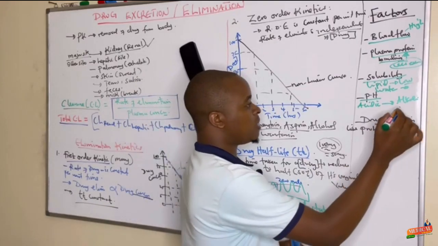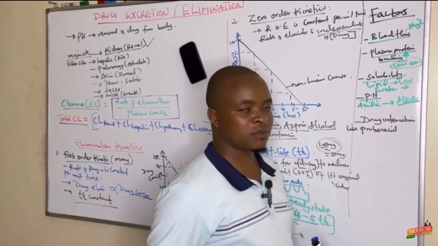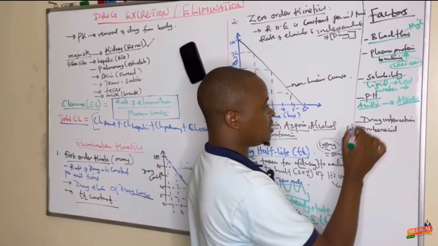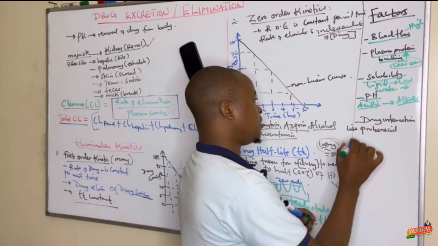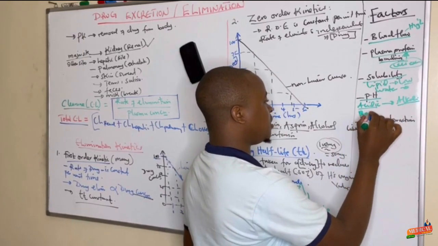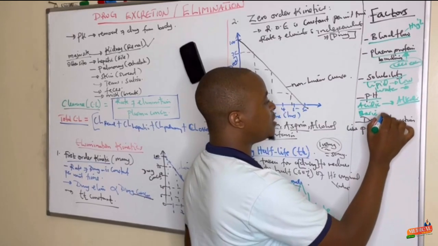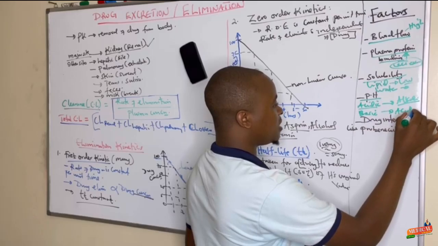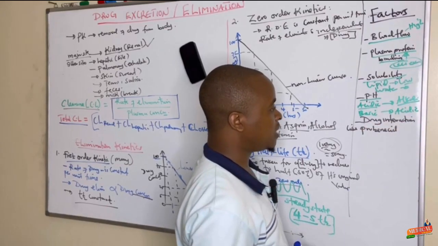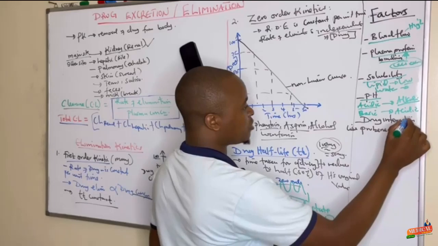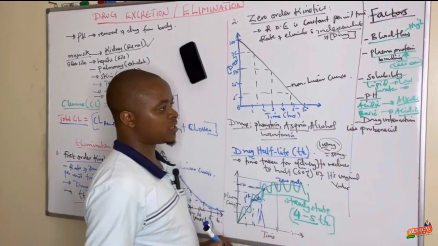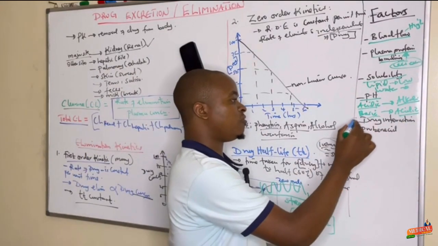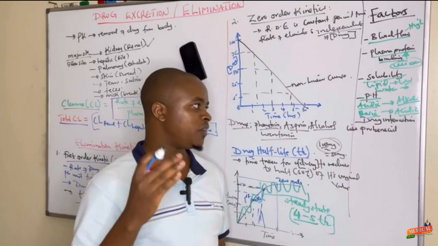When you add sodium bicarbonate, urine becomes alkaline and aspirin is easily excreted. Then drugs which are basic in nature, like amphetamine, are easily excreted in acidic urine, by acidifying urine by adding ammonium chloride. When we add ammonium chloride or some weak acid, we enhance elimination of basic drugs like amphetamine.